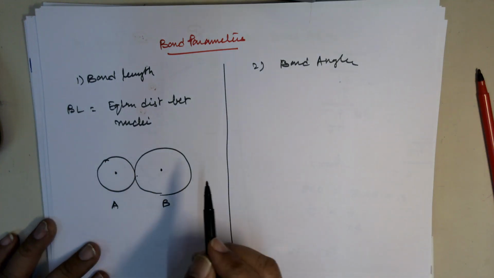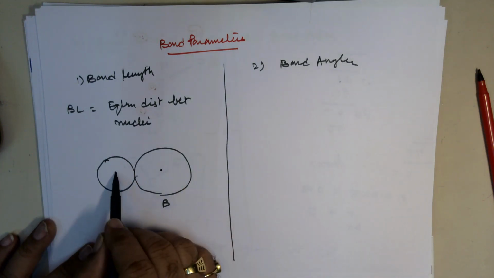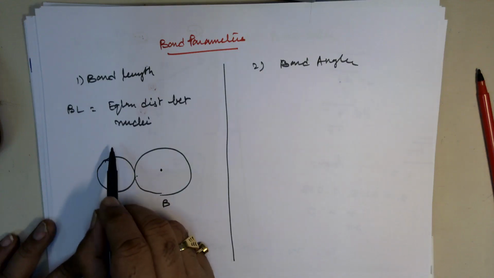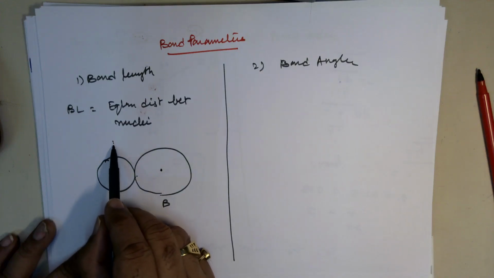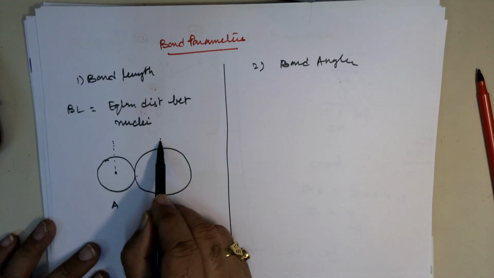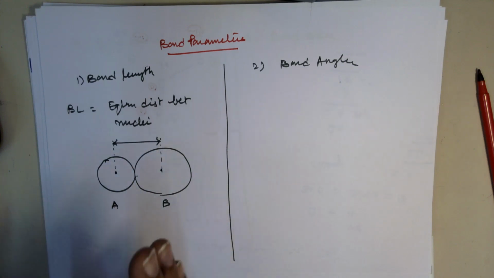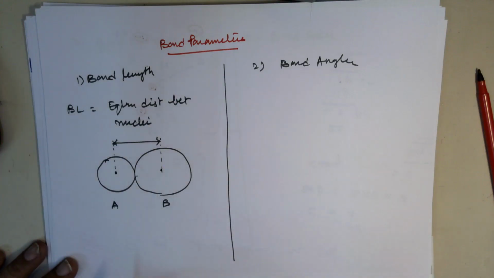The center of the atom B is here and here A. So the distance between them, you can take like this distance. It is nothing but the internuclear distance, that is d.